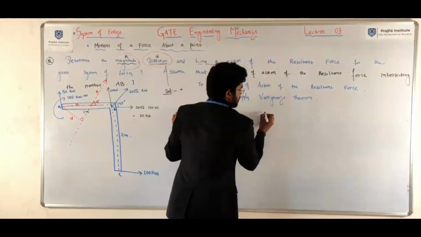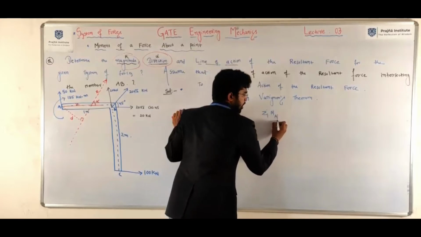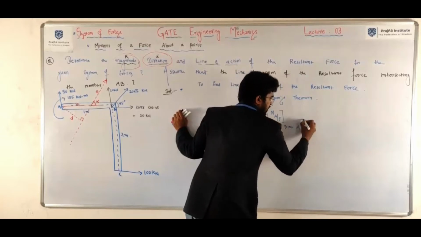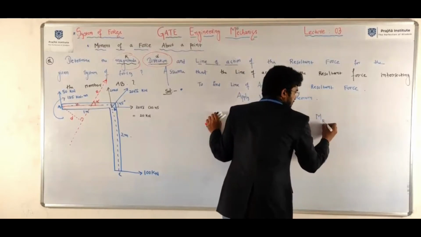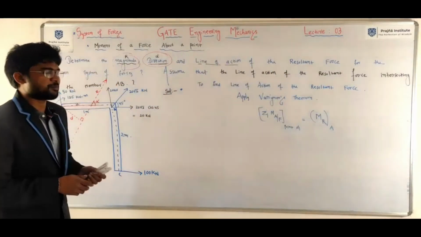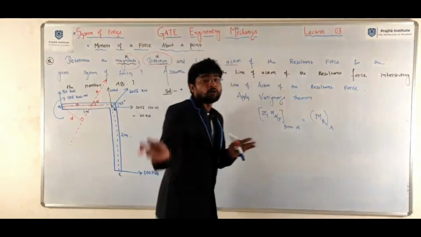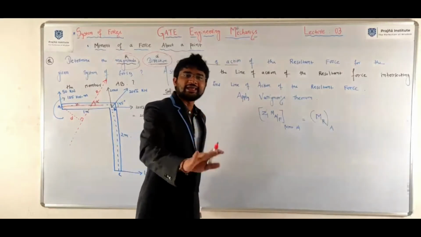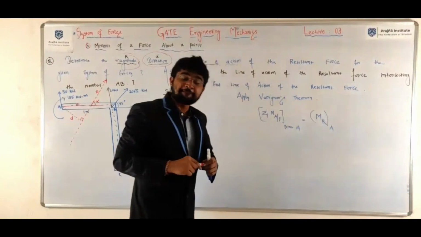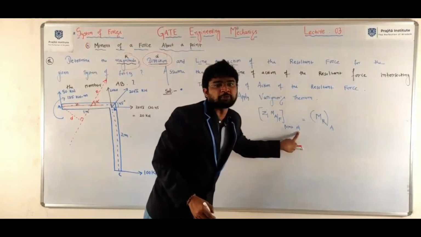Now, what is Varignon's theorem? The algebraic sum of the moments of all the forces of the system about point A equals the moment of the resultant force about the same point A. Take a point P or point A, that is fine. So now apply moment about a point. That is our area of interest here. What is the title? Moment of a force about a point. So you are applying moment about point A.